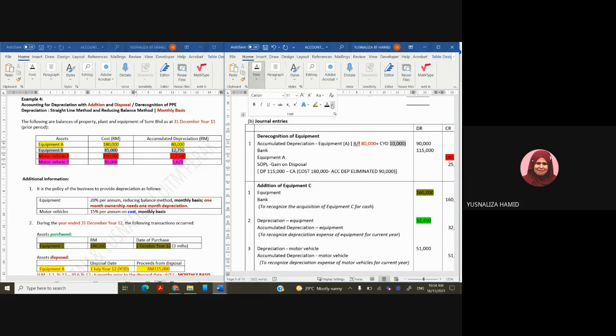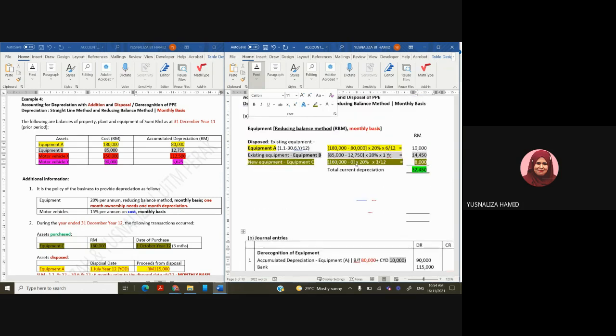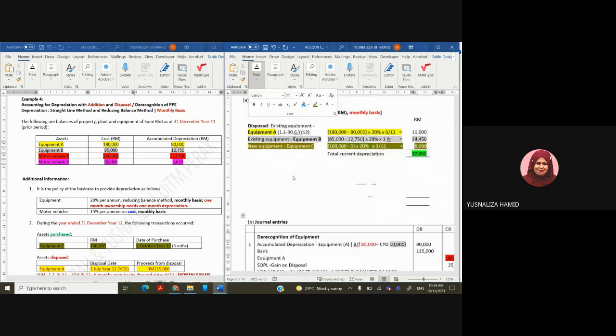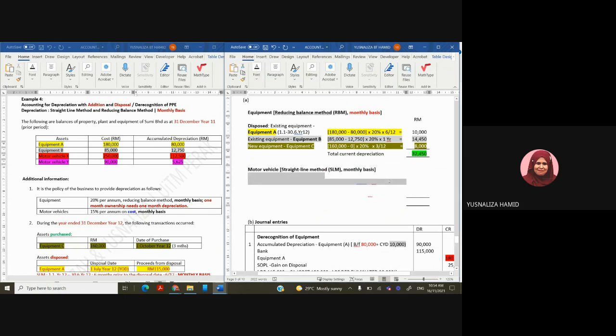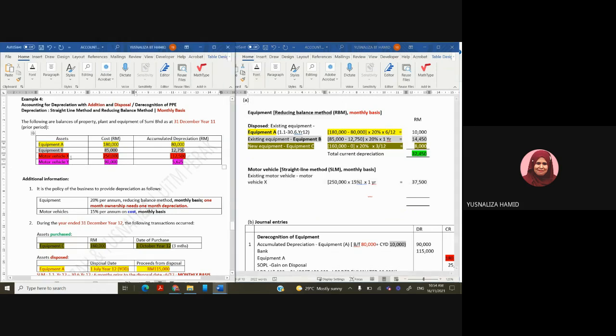Right. Now let's look at the next one, which is the motor vehicle. Motor vehicle is an easy peasy thingy, where motor vehicle is dealing with the straight line method. Straight line method, monthly basis, you will repeat the same as what I've done. So first do for the remaining asset, motor vehicle X, which is the existing one.